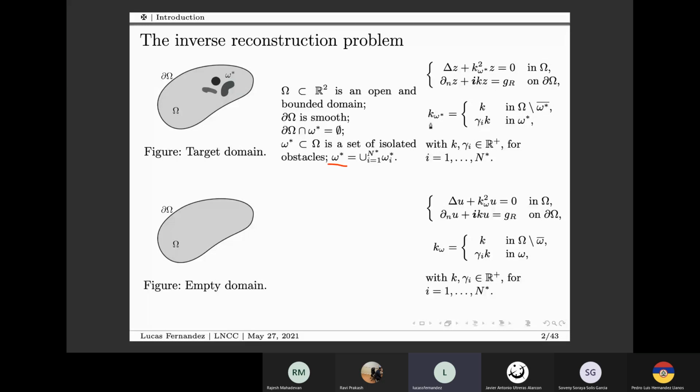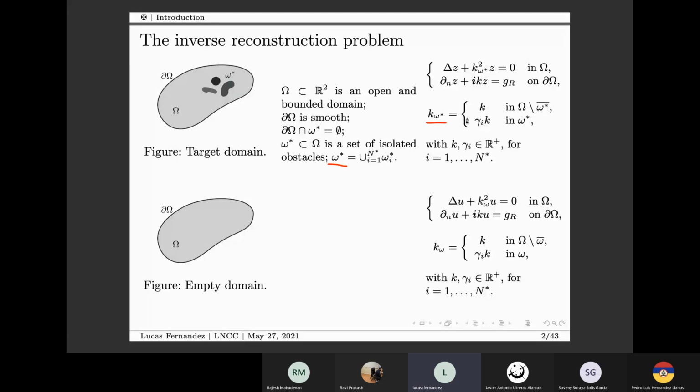The parameter K omega asterisk is written as follows. Its value is gamma K in the region of the domain where I have an obstacle. Otherwise, in the remaining domain, its value is K. Okay? K and gamma are real positive constants.